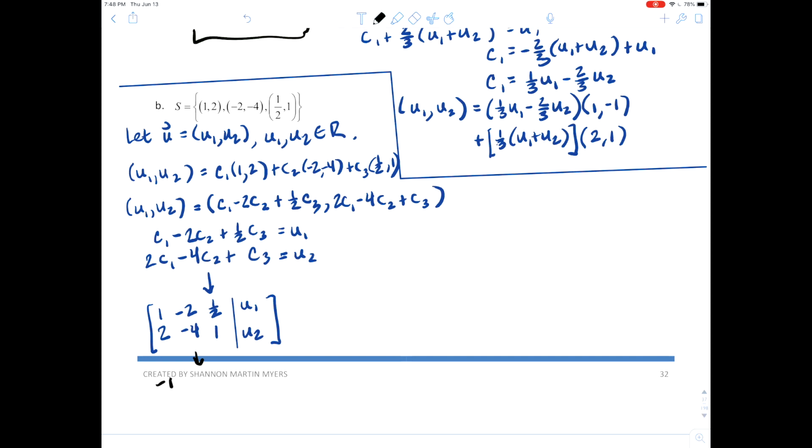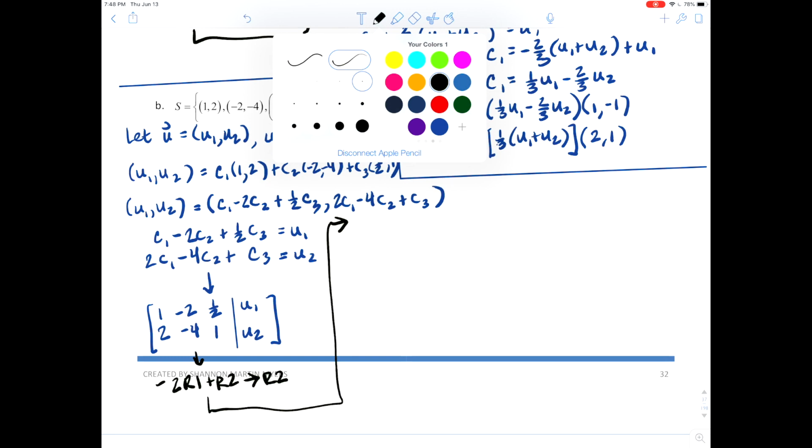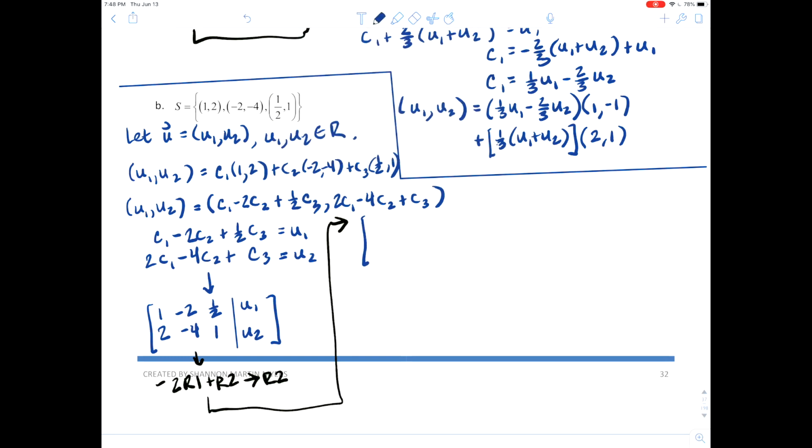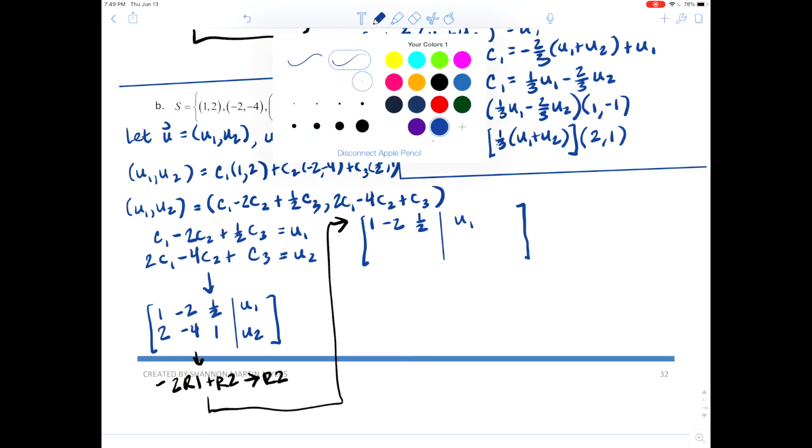So if I do -2 row 1 plus row 2 for a new row 2, I'll get this matrix here. I'll rewrite row 1 unchanged. And let's see what happens for our new row 2.